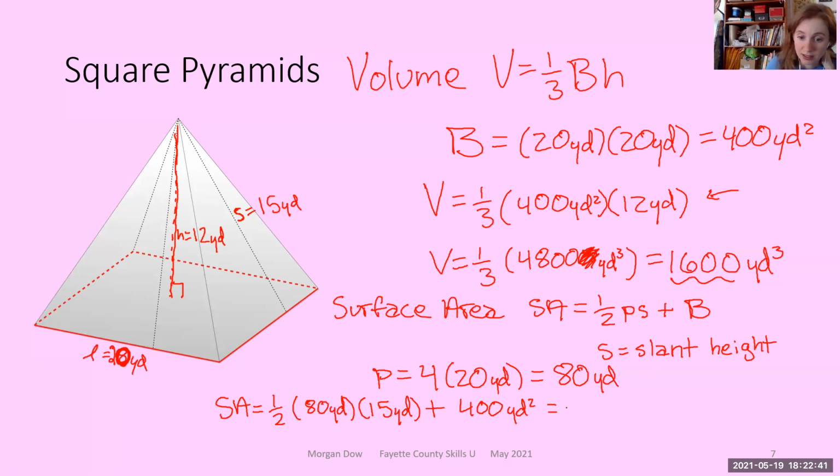So that'll be 600 square yards plus 400 square yards. So altogether, my surface area is 1,000 square yards. So if you were going to cover this pyramid with wallpaper, you would need 1,000 square yards of wallpaper.